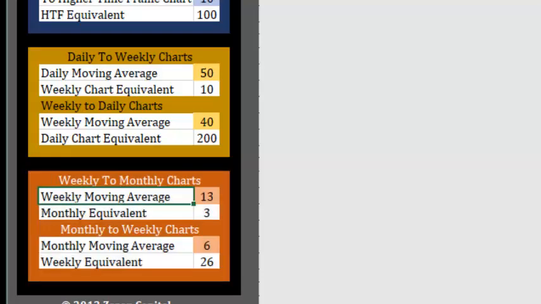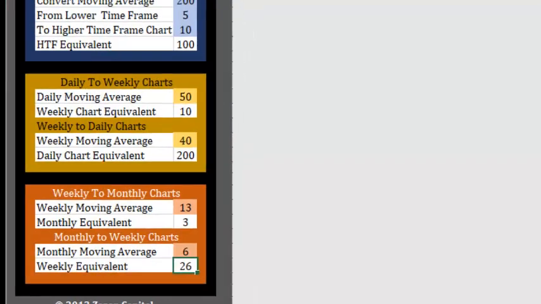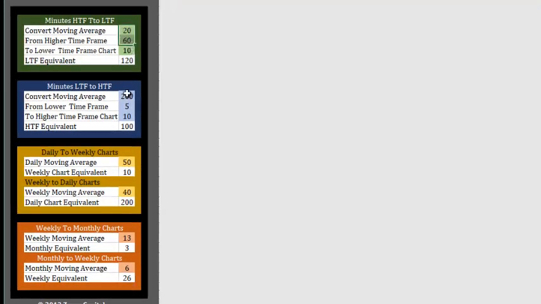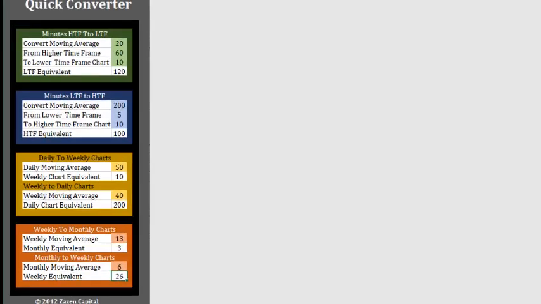If I wanted to convert the weekly moving average of 13 onto a monthly chart, it would be 3. If I wanted to convert a 6-month moving average onto a weekly chart, it would be a 26-week moving average. You just put in the numbers where you have the highlighted cells, and it will calculate the conversion for you. It's a handy tool when you work across multiple time frames.